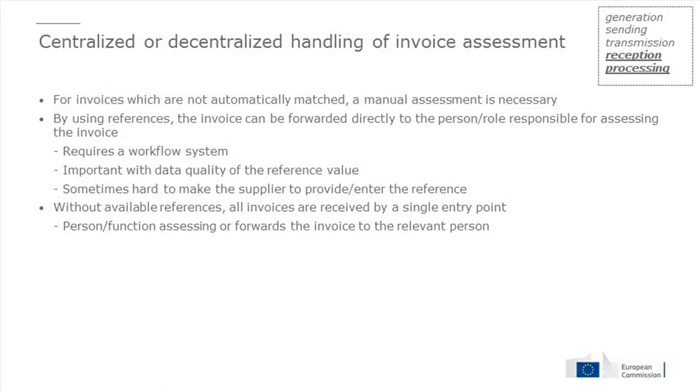Can't remember exactly now. This is what we're talking about here. In a paper invoice, it sometimes says your reference, that value. It's sometimes hard to get the suppliers to provide this reference correctly. And without the reference, the invoice is stopped early in the process, in the workflow, where it has to be manually forwarded to the correct person, and it takes time and effort.